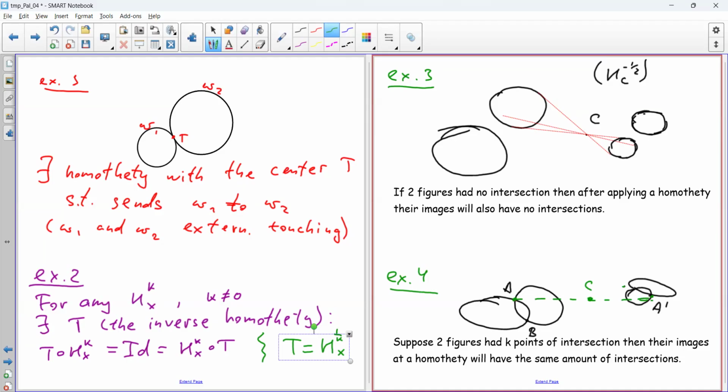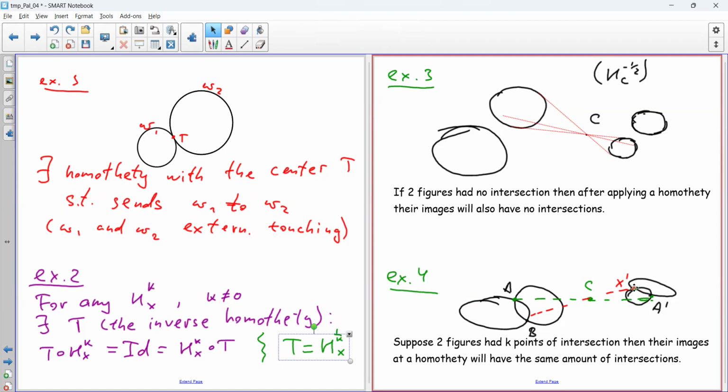So if there would be an intersection point X prime, it must go to an intersection of the pre-images, which are just the initial figures.